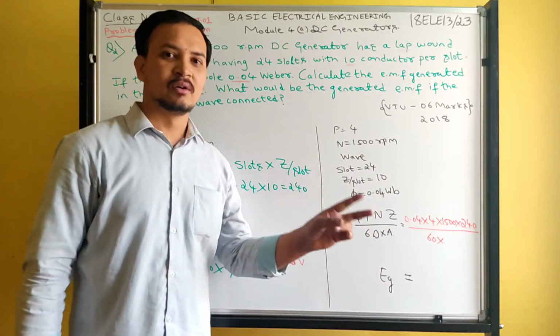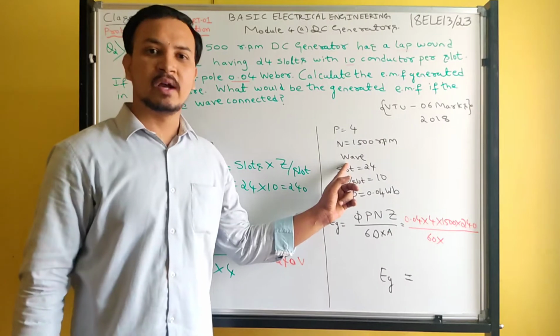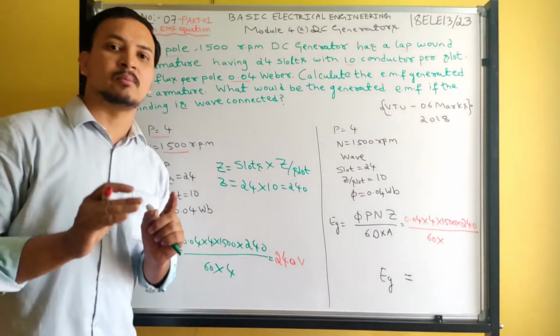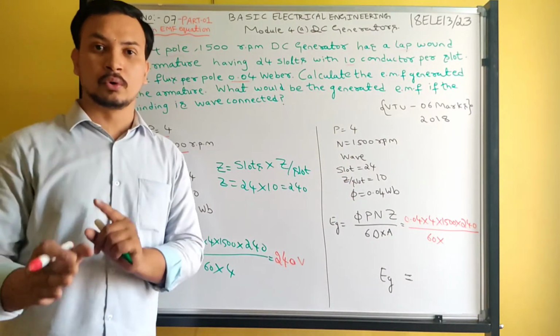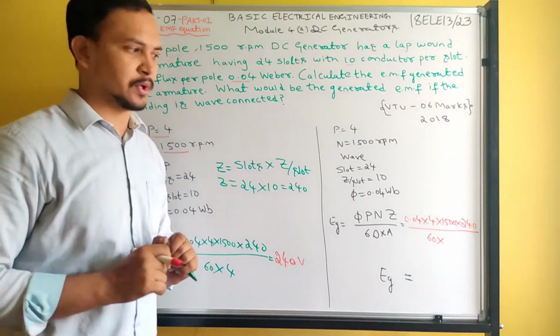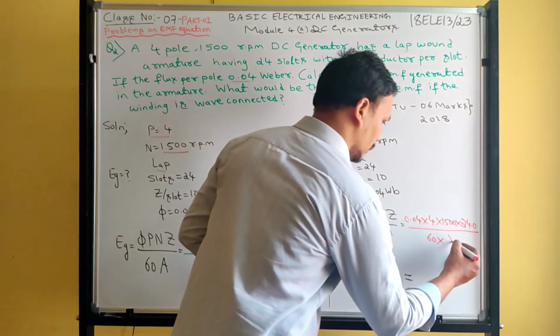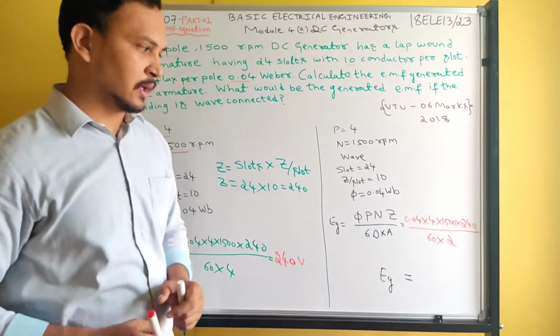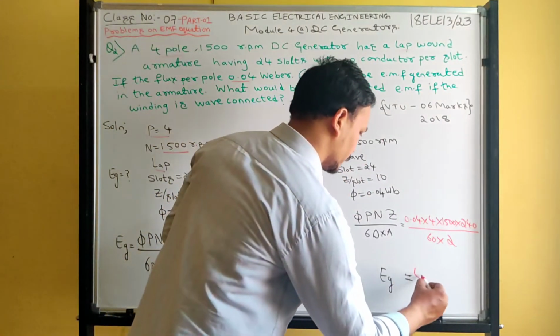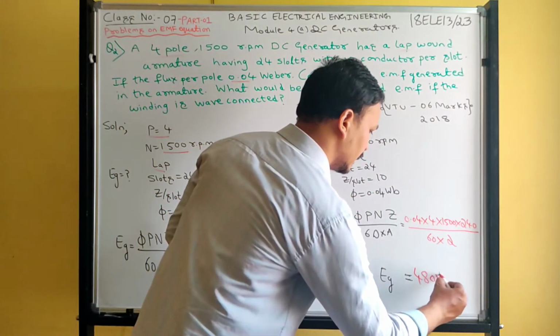A is equal to 2. Why? Because it is wave connected. You always take number of parallel paths equal to 2 for a wave connected machine. So now take A equal to 2. Do it in the calculator. You will get the answer 480 volts.